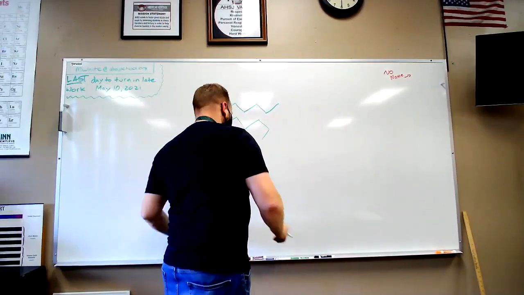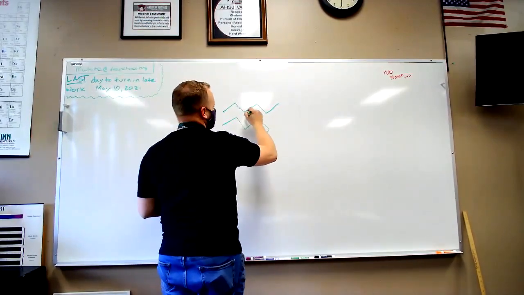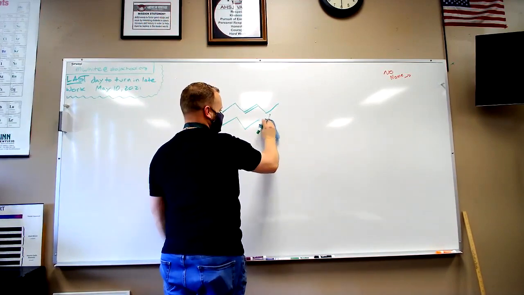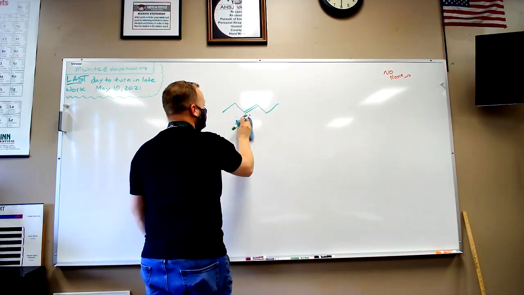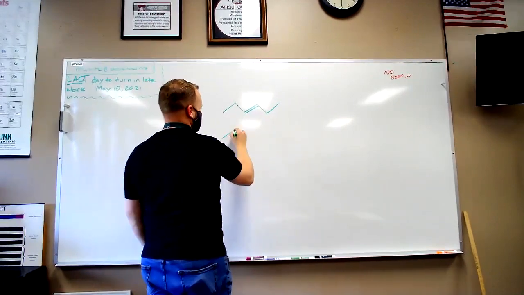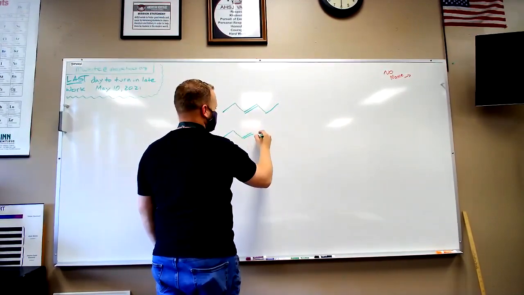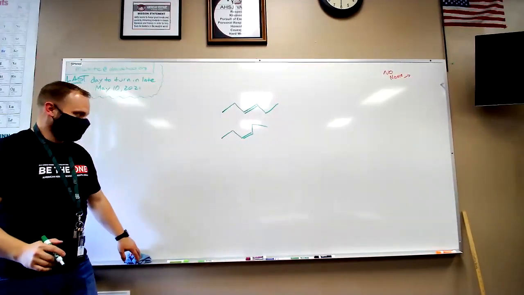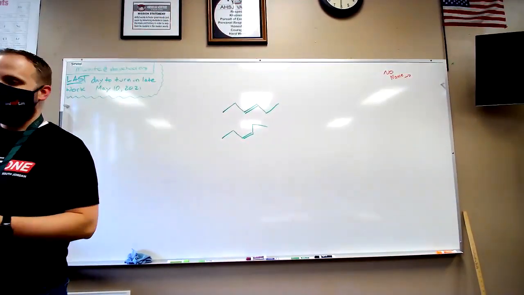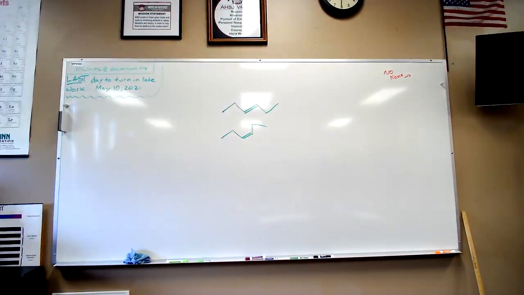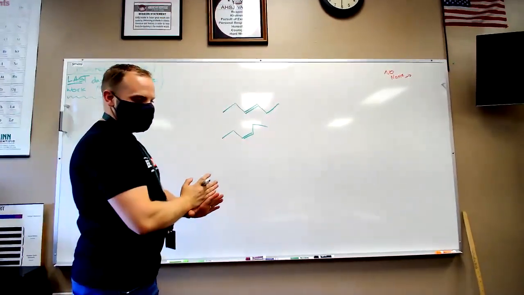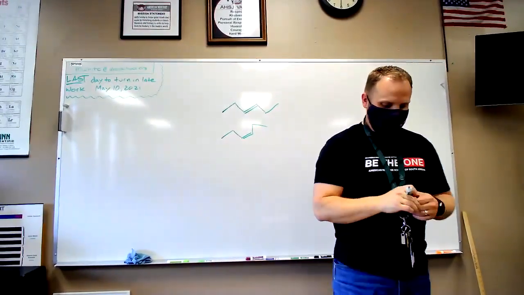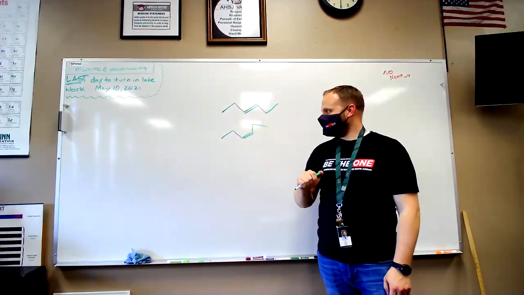But a double bond, if we put a double bond here, then it has to stay that way. Or it also can flip around and be the other direction. And it will stay that way. Once the molecule has formed, it stays in that orientation.